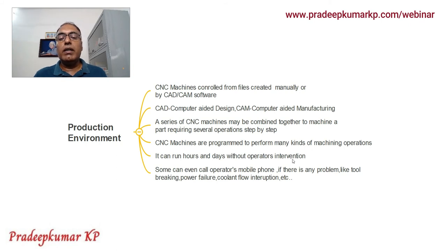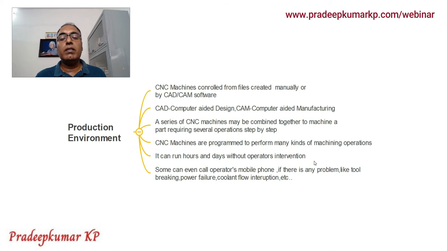It can run for hours and days without operator intervention. Every time the operator does not have to go and change something or look into it. Constant supervision is not required with a CNC machine. The operator need not be near the CNC machine; he can work somewhere away from it also.